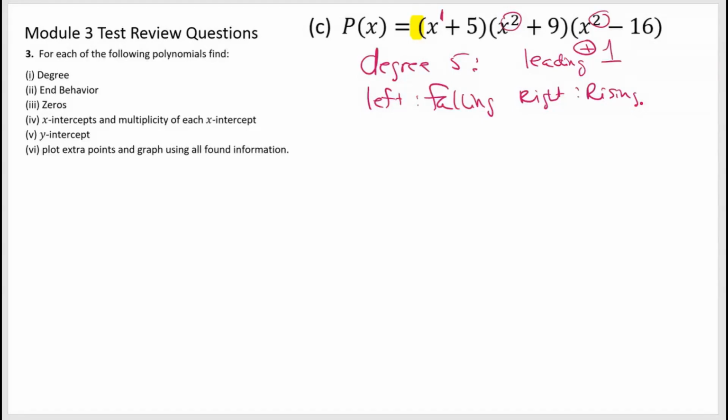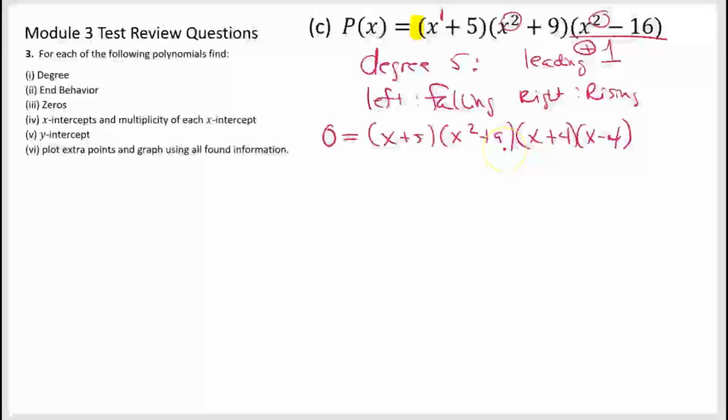The zeros, we're supposed to set the entire function equal to 0. So x plus 5 times x squared plus 9, which doesn't factor, by the way, times x squared minus 16, which does. I'm going to go ahead and factor it: x plus 4 times x minus 4. And to find zeros, once it's factored, you set each factor equal to 0. So this one gives me negative 5. x squared plus 9 equals 0.